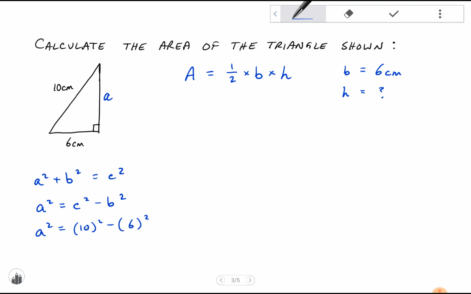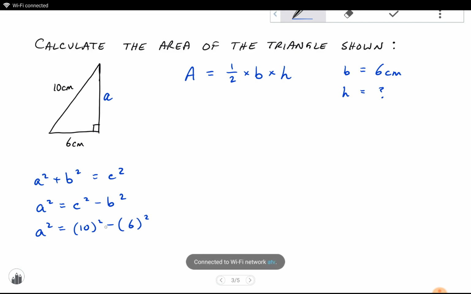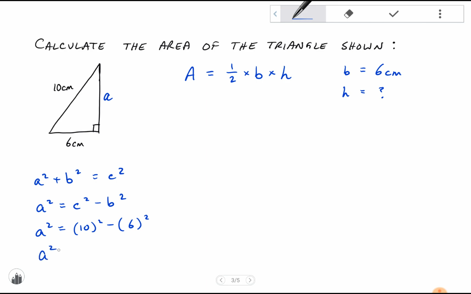That's 100 minus 36. That's 64. So a squared equals 64. Square root each side. And then we'll get a equals the square root of 64, which is 8.